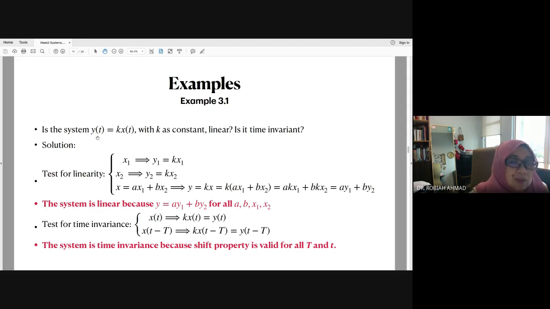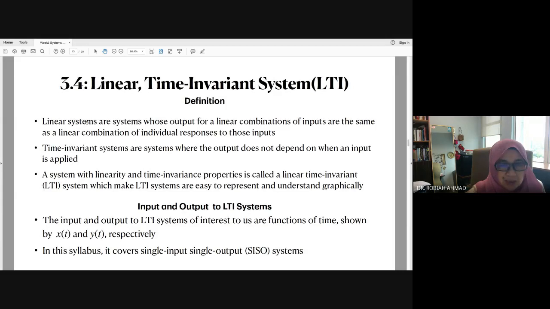So is this type of system, nanti kita akan jumpa banyak, is it linear, is it time invariant? To test the linearity, kita tengok the combination. Linear systems are systems whose output for a linear combination of inputs is the same as a linear combination of individual responses to those inputs.